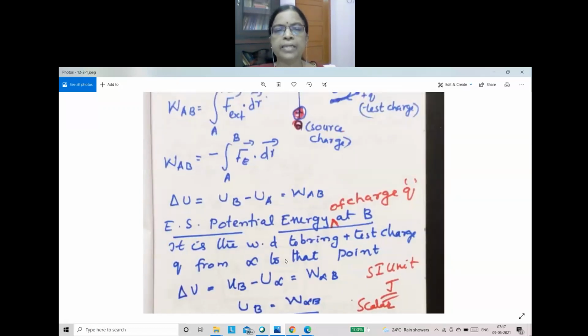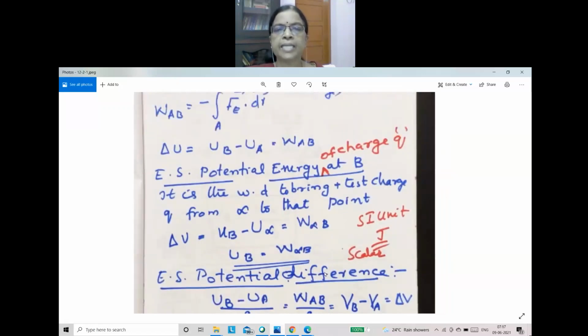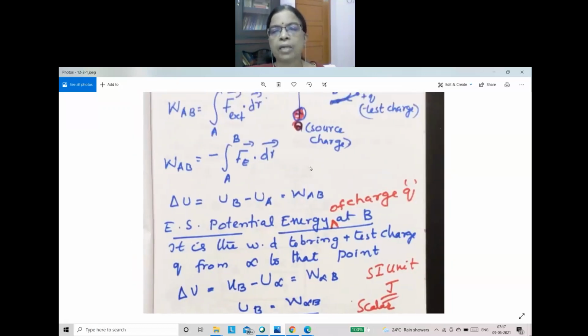Understand? So what did you understand from this? Potential energy difference is the work done to bring. Akshaya, tell, work done to bring what? Work done to bring a charge or a unit positive charge? Charge.